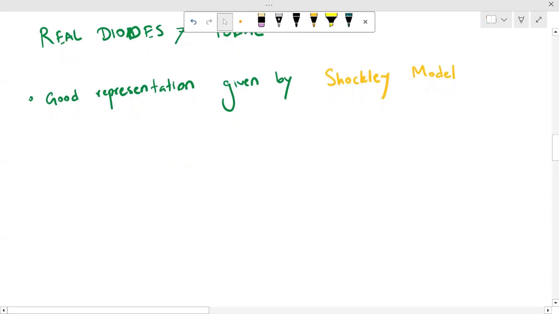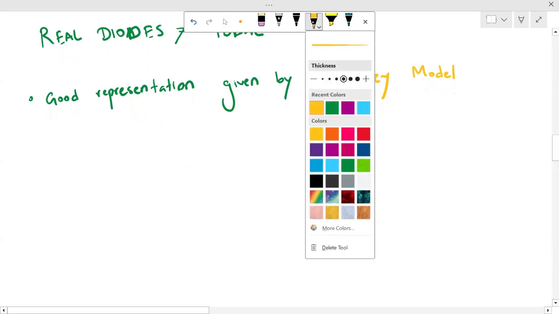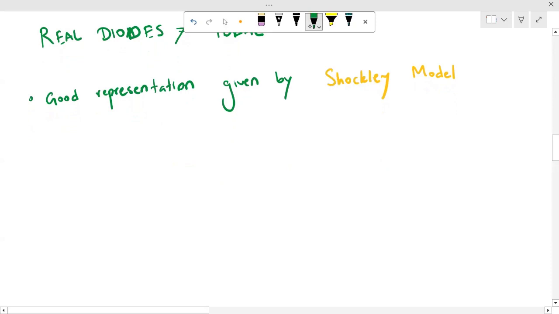What is the Shockley model? The Shockley model shows how a real diode operates, whether it's in a graph or another model, for example.